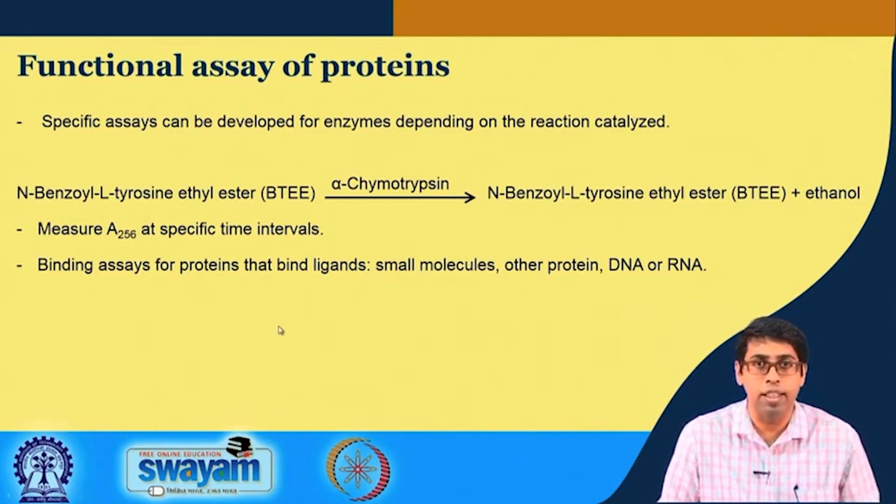Similarly, binding assays can also be developed for proteins, and depending on whether the protein binds a small molecule, or another protein, or nucleic acids, different assays can be developed. We have one lecture where I will discuss these protein ligand interactions and the experiments that can be done for them.